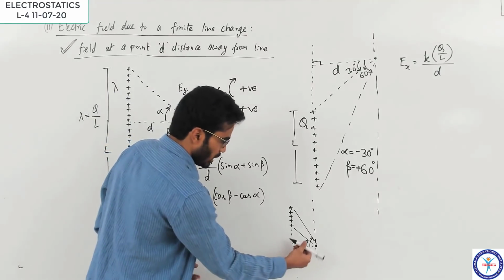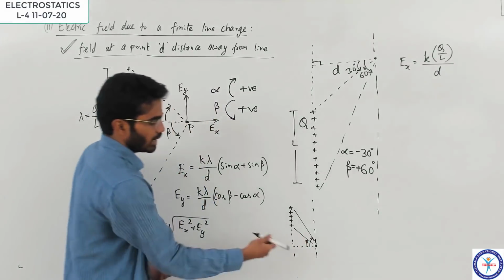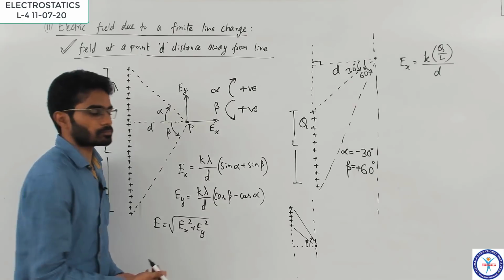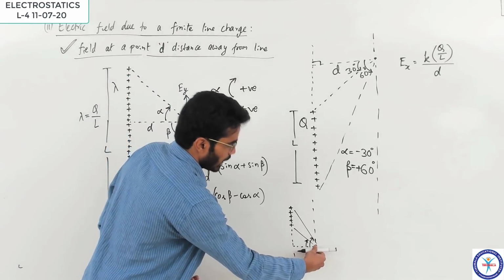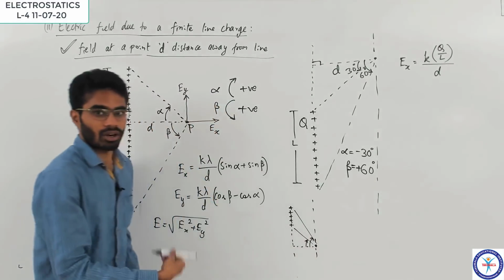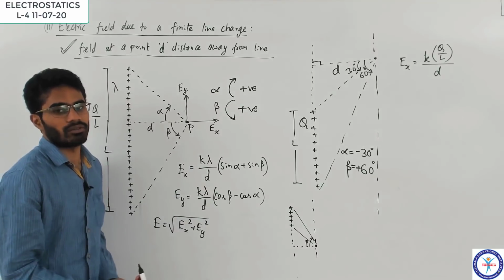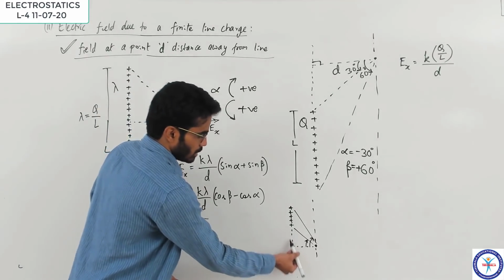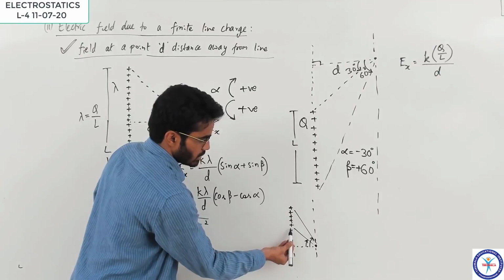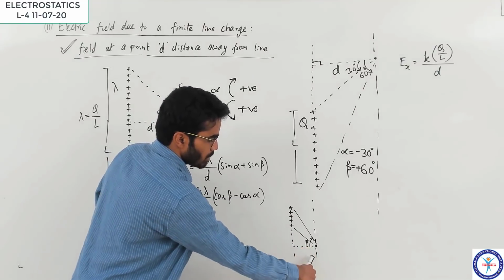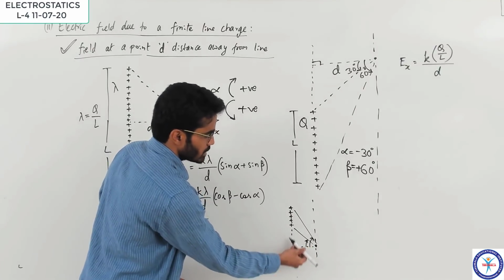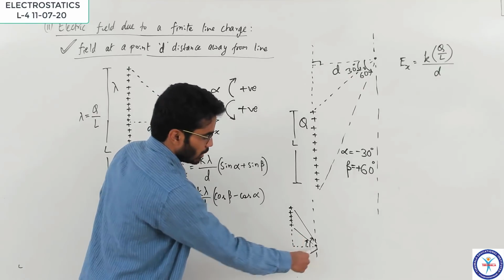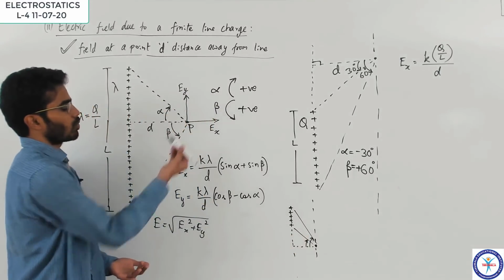But check for beta, the tip is lying above the horizontal line. Now beta has to be measured in clockwise sense. There is no other way. If beta is measured anti-clockwise, that is when the tip is lying below, then it is measured anti-clockwise. But since the bottom tip is above, it should be measured in clockwise sense.